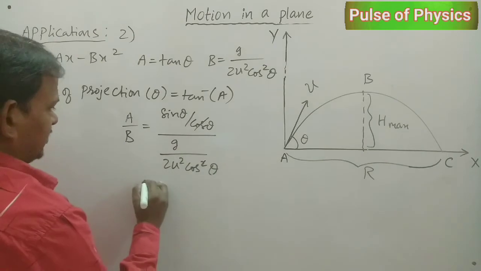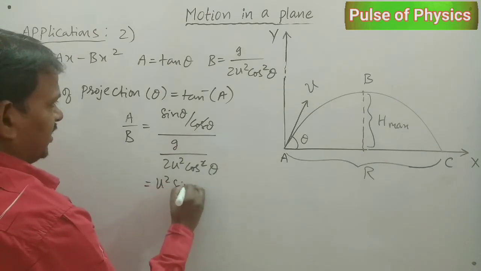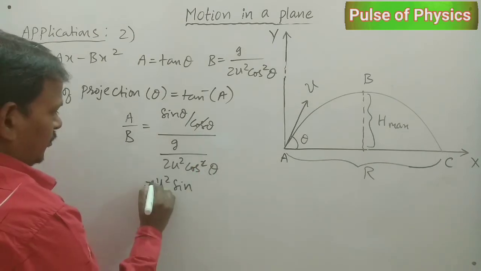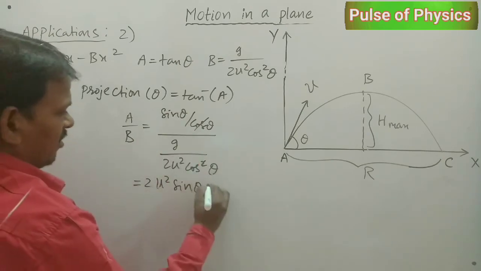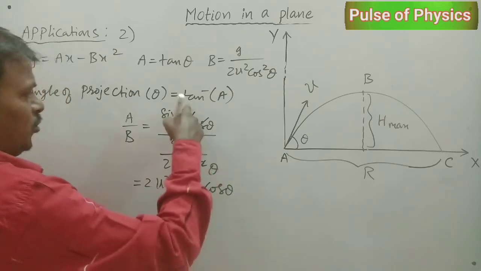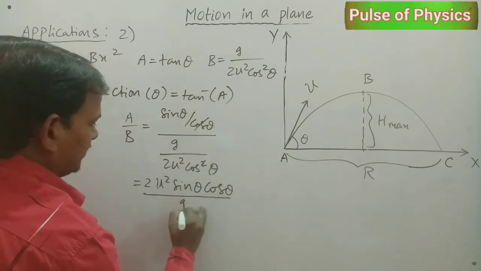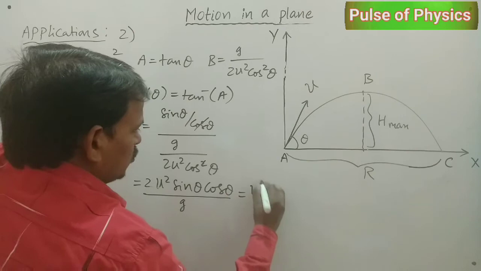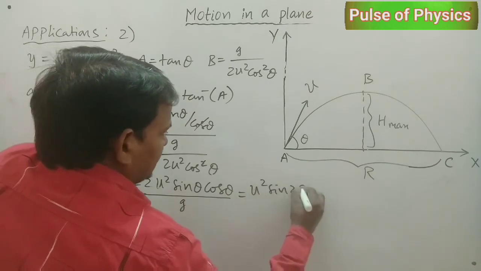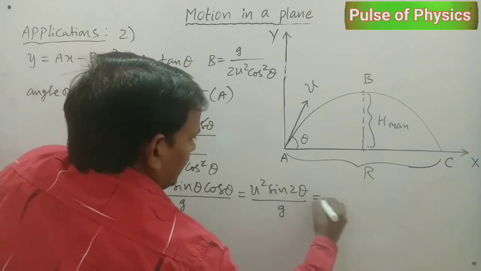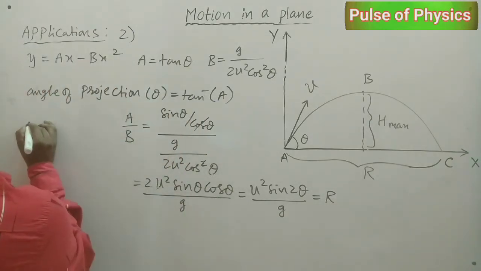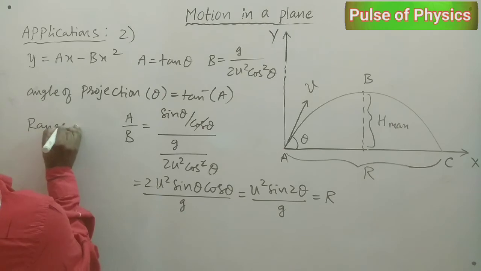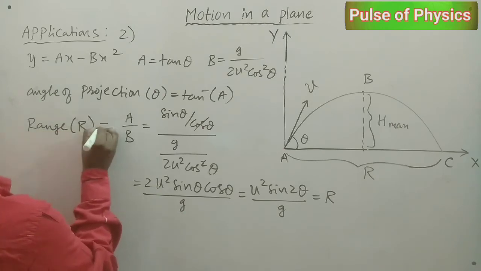We will get 2u square sin theta cos theta, this goes to numerator, by g. So this is giving u square sin 2 theta by g. It is R. A by B gives range. Range R is equal to A by B.